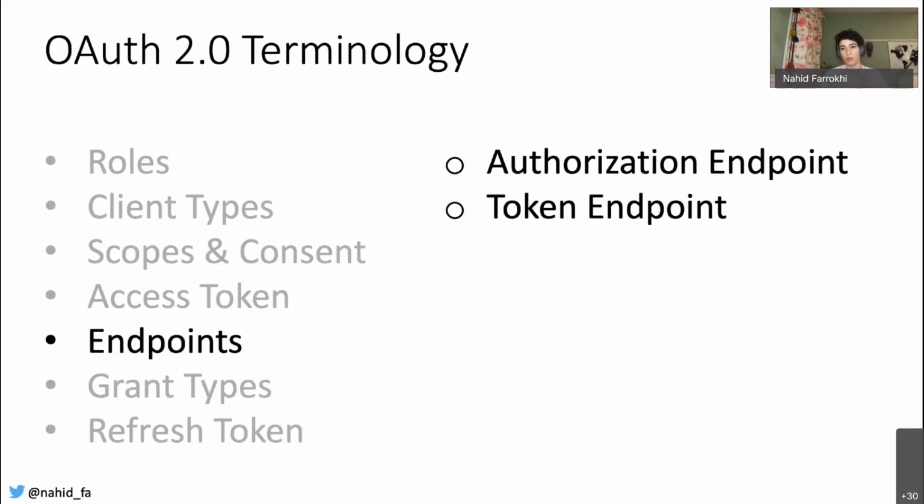On this, the authorization server first verifies the identity of the resource owner to make sure it is a valid one. I'll show an example of how this works. After that, the token endpoint is the one which is used to obtain the access token.